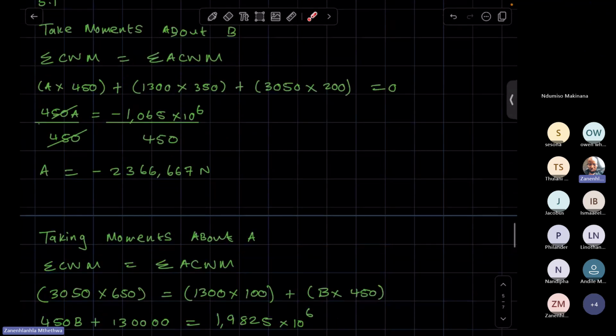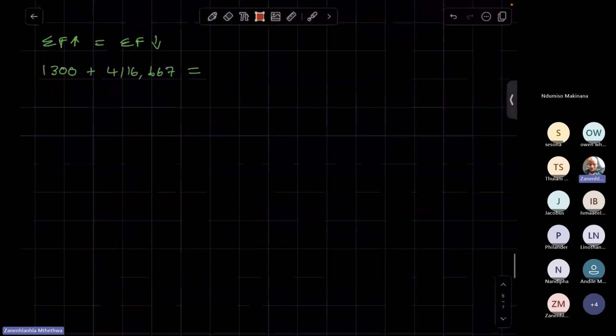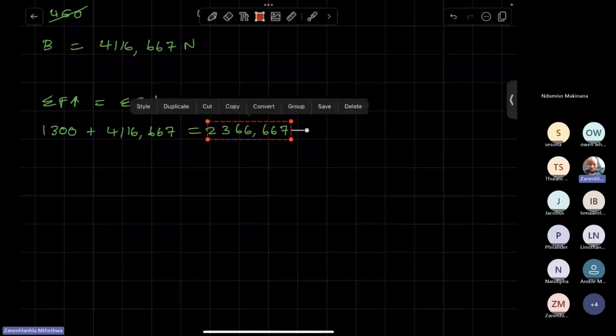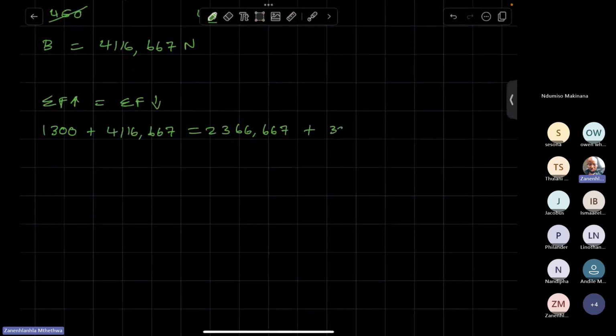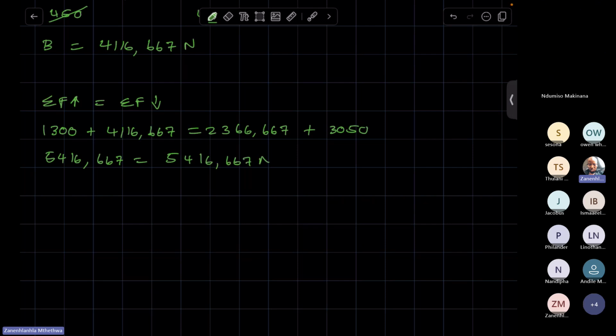Now both sides should be equal. You have 1,300 plus 4116.667, so this is equal to 5416.667, which is equal to 2366.667 plus 3050, which is also 5416.667 newtons.